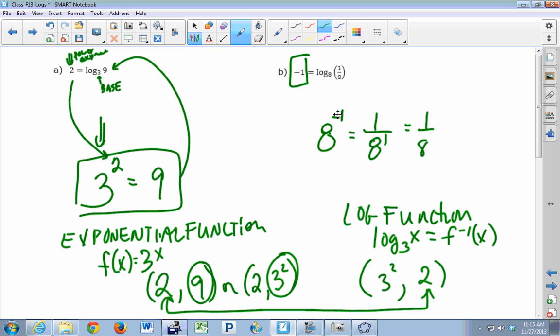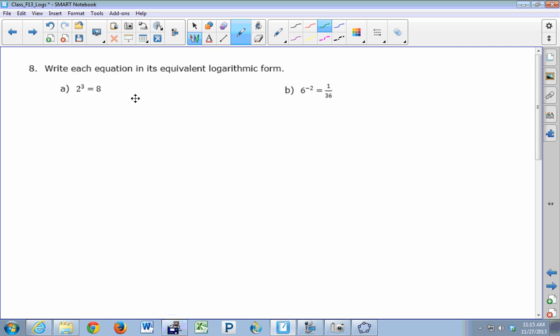And now let's try it the other way. Let's go from exponential form into log form. So let's write this as an equivalent logarithmic equation. Okay, so someone want to help me with this? I know I start with the word log on both of these. Okay, and what goes where? Two is the base, okay?